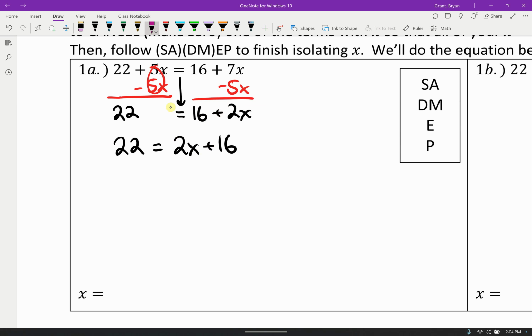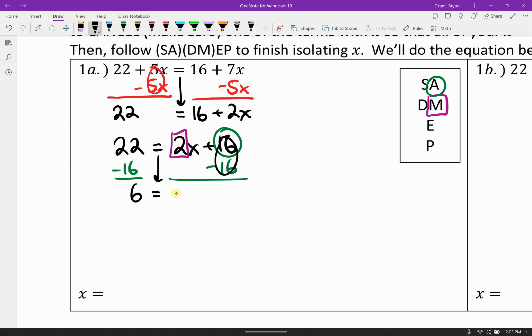We have a 2 that is multiplying by x, and we have a 16 that is adding. Okay? So we know we undo addition first. We're old pros at this now. Bring down that equal sign first. 16's cancel. 22 minus 16 is 6 equals 2 times x.